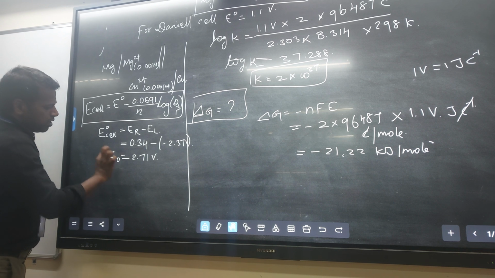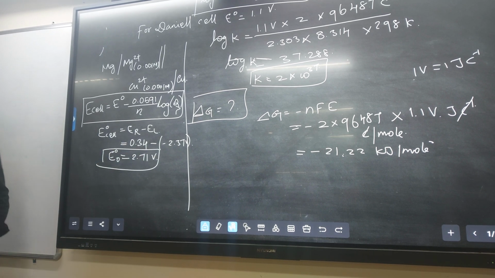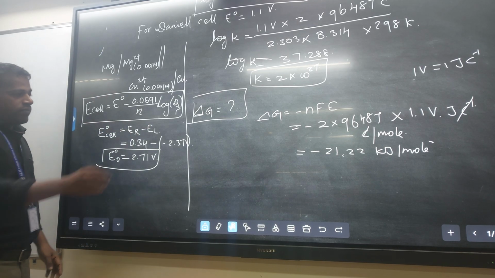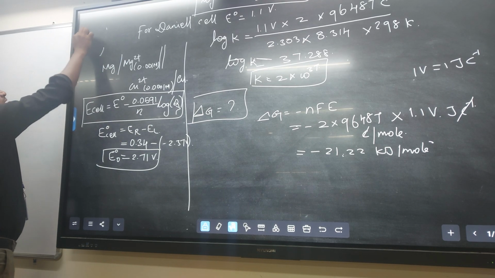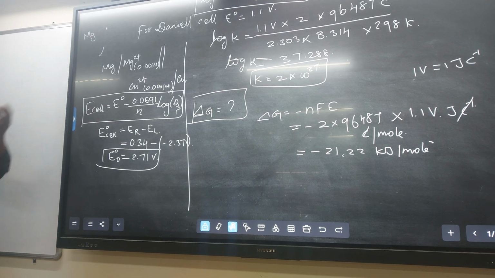That is E0 cell. You can write it here. So actually you know the E left, the reduction potential value is, yeah, somewhere I wrote it, so you continue here.